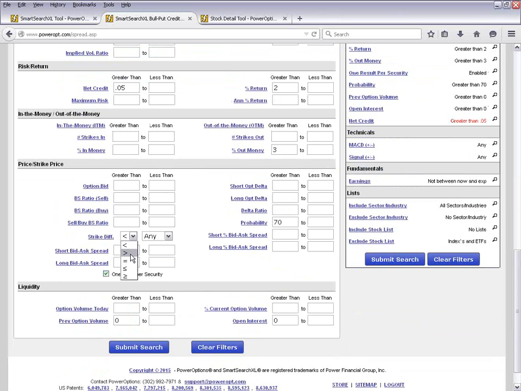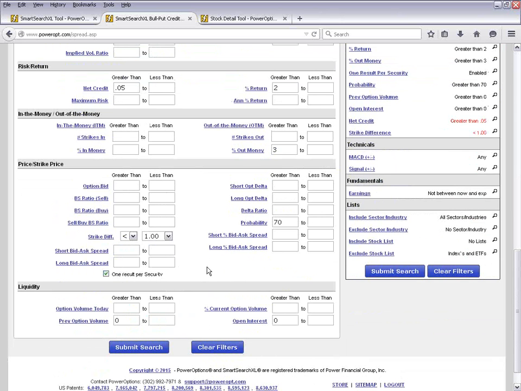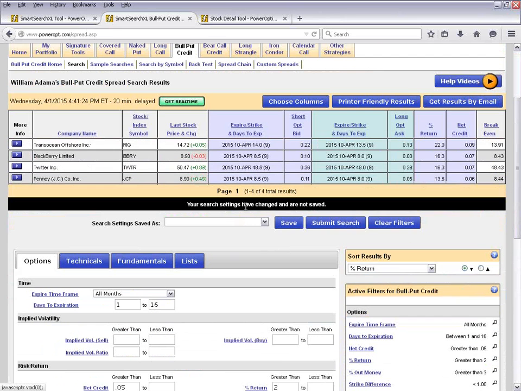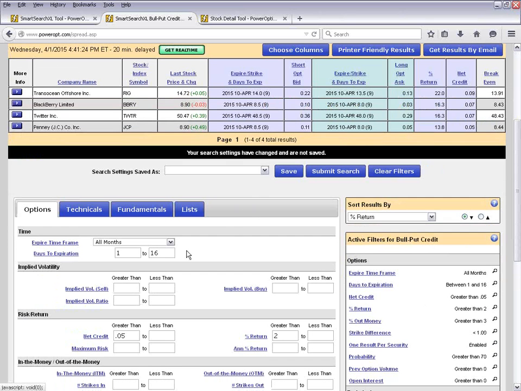But we can set the strike difference any way we want to. And so for right now, I'm going to set my strike difference to be less than 1. Okay? So if I'm using a weekly search just for the next week out, I should take that 3% out of the money range out as well. But even if we were using a variety, let's go all the way out to 44 months, or 44 days to expiration. Let's go ahead and submit that.